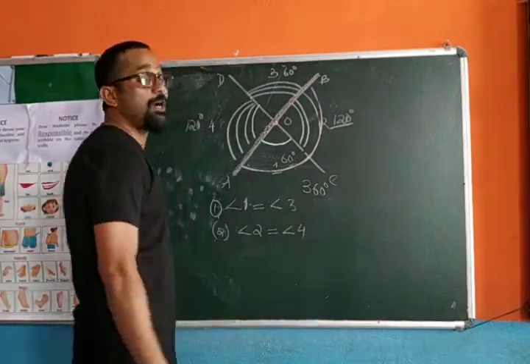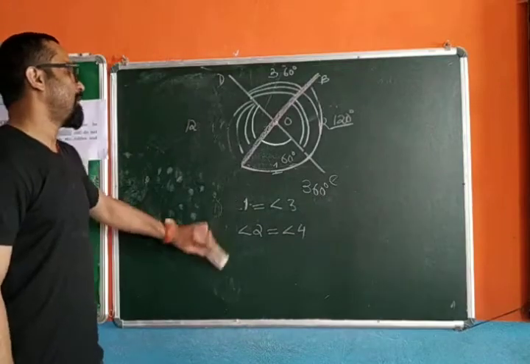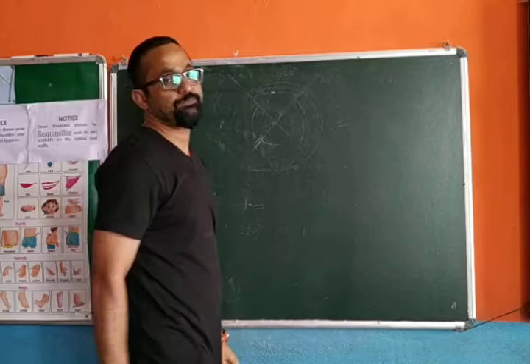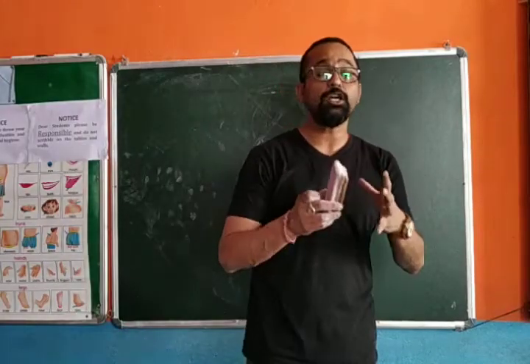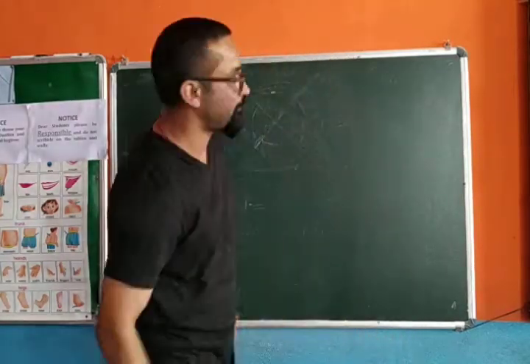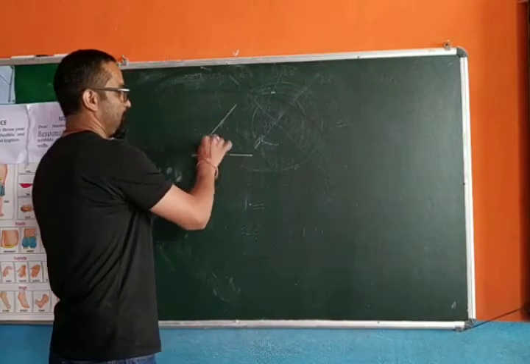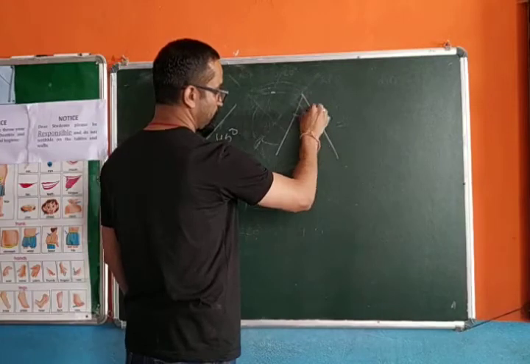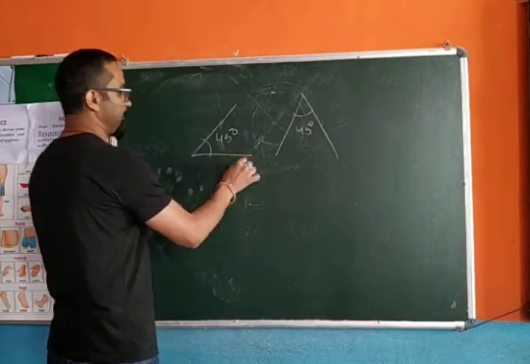Then you have congruent angles. When two angles are equal to each other, they are said to be congruent angles. 45 degree, 45 degree.